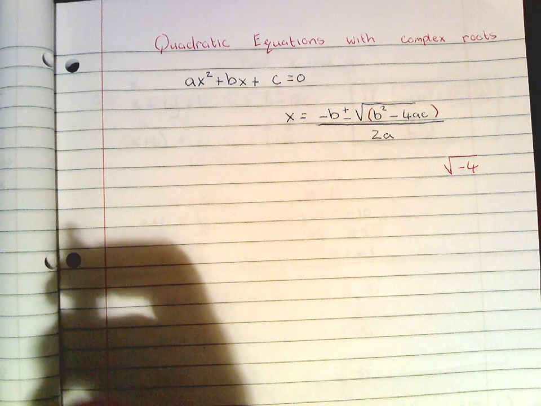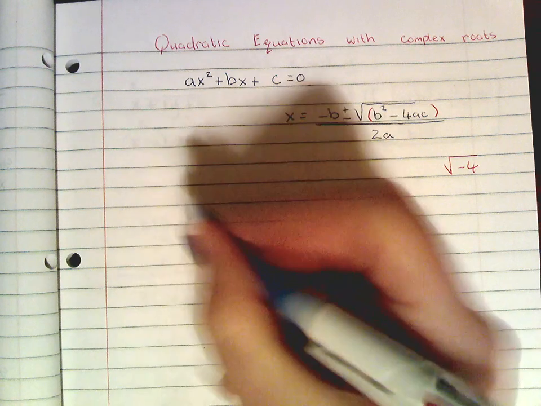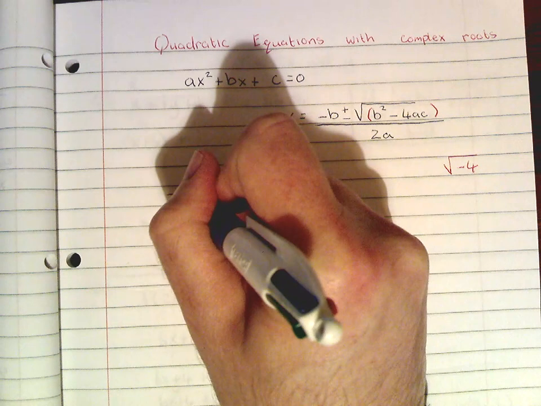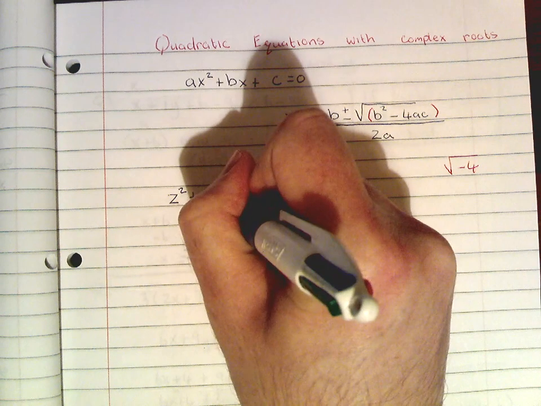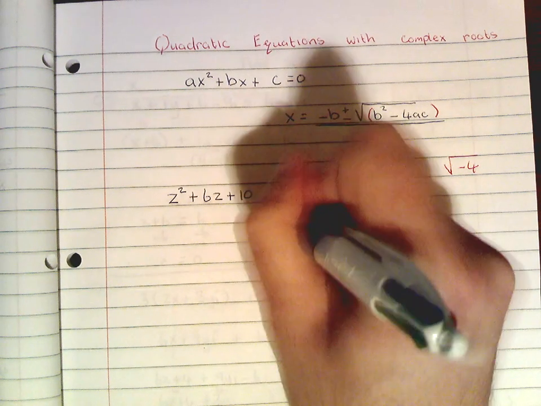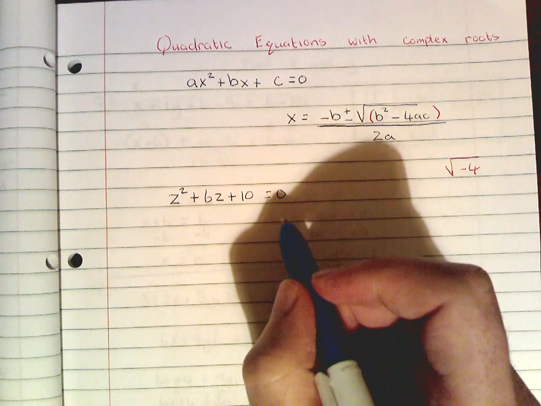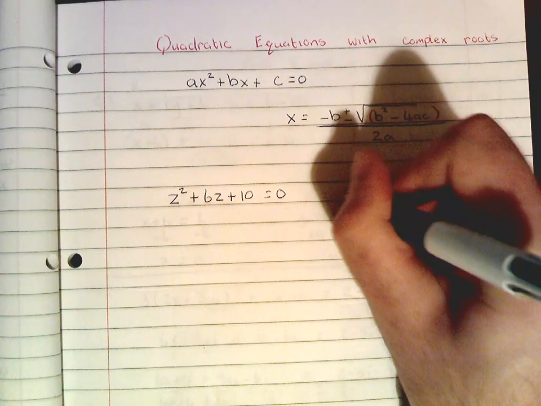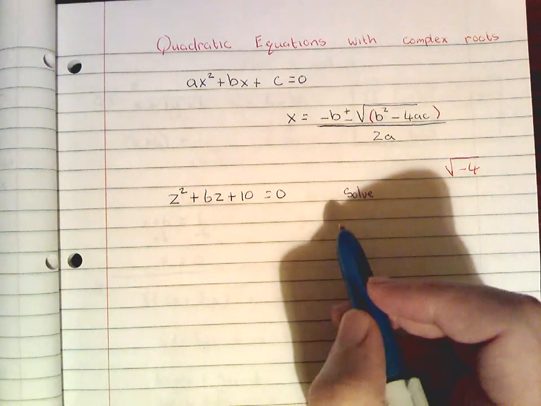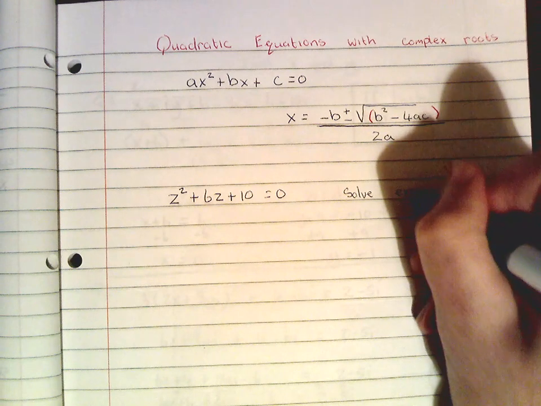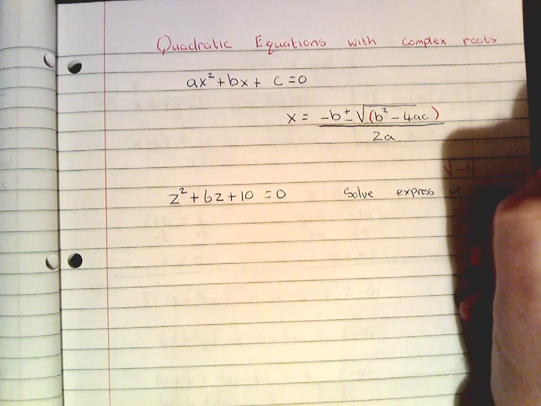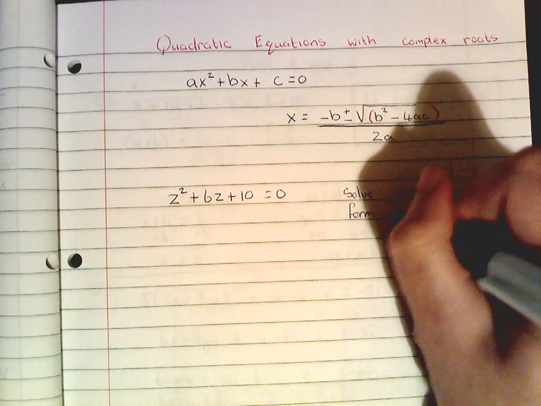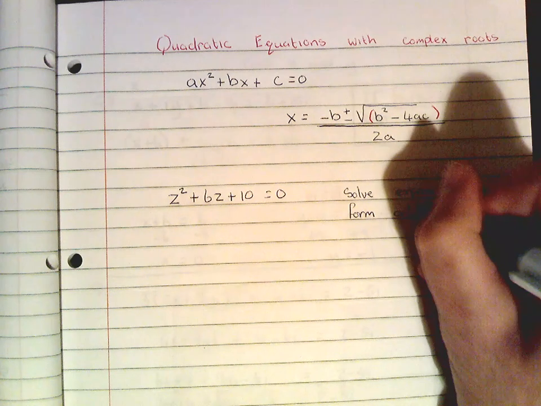If we take this quadratic, z squared plus 6z plus 10 is equal to 0, what you're being asked to do is to solve it and express it in the form a plus or minus bi.